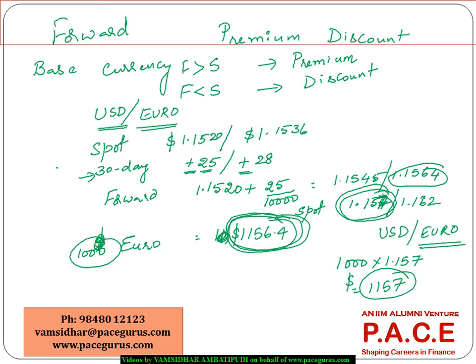Let's say 15 days after the contract. This is a 30-day contract, but 15 days after the contract I would like to look at what could be my benefit on that particular date. So for that, all I am looking at is what is the deal price. The deal price which I have entered in is 1.1564.